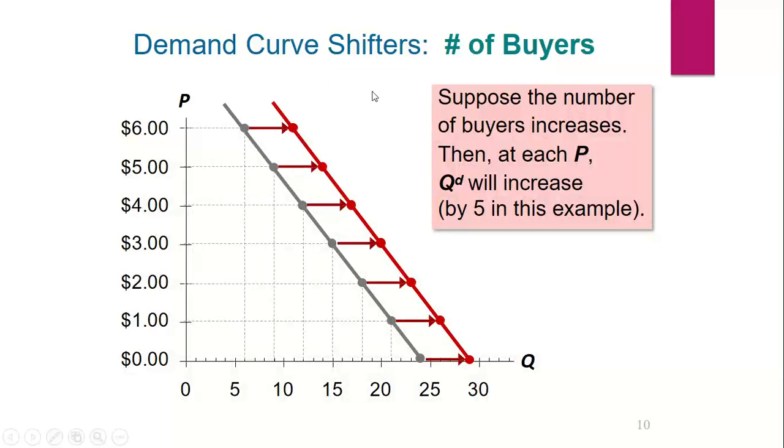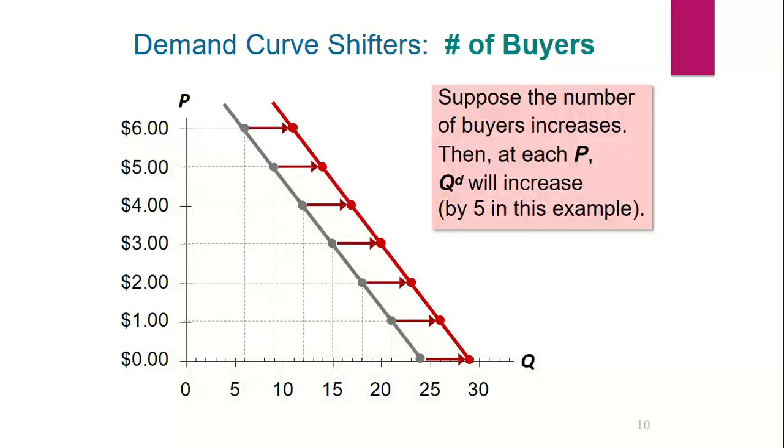So here you can see a graphical representation having quantity demanded on the horizontal axis and price on the vertical axis. And now suppose that the number of buyers increases, then at each price quantity demanded will increase. And here the number of buyers increases by 5 in this example.